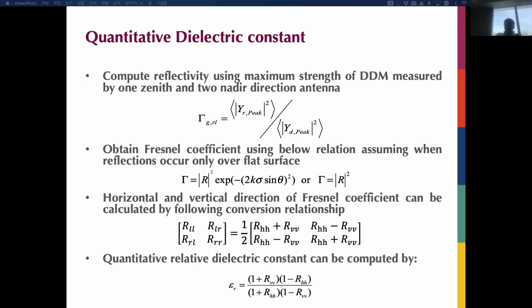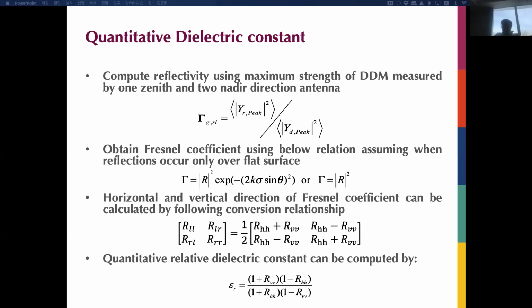Using the direct signal and reflected signal, we can calculate the reflectivity, as you can see in the first equation on the slide. And it is well known that the Fresnel coefficient is related to the reflectivity that we calculated previously.